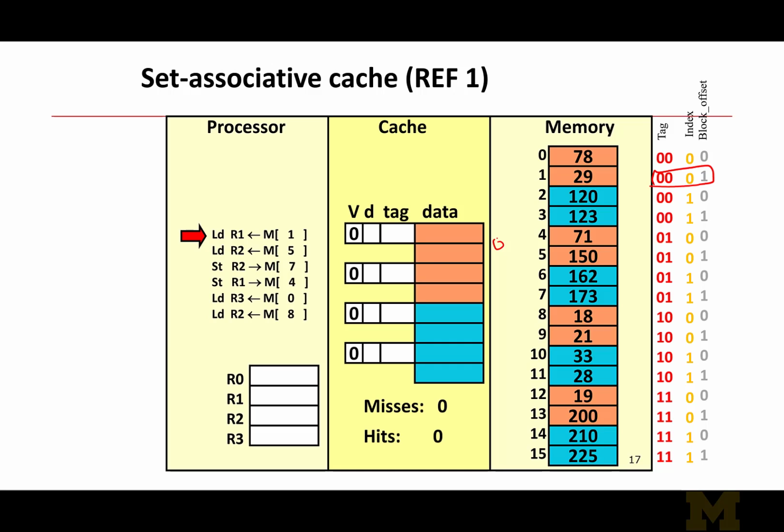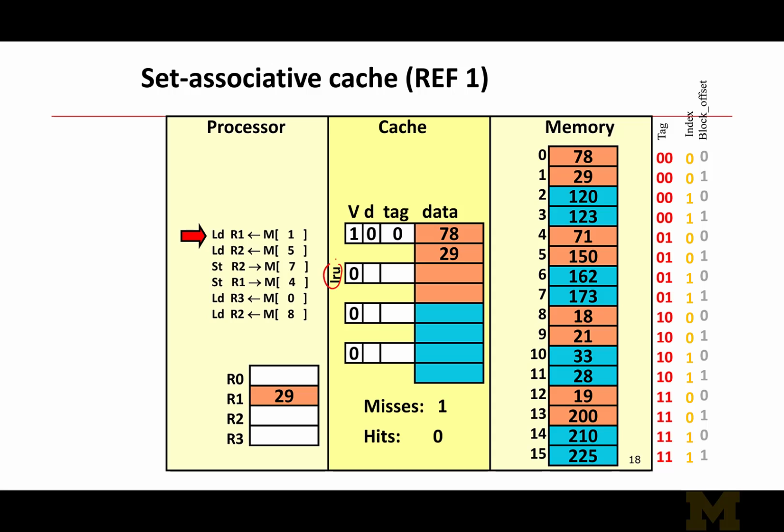And I'm going to check the tag. Well, the tag doesn't match, and the valid bit is also not set, so clearly this is a cache miss, and I have to bring in this cache block into the cache, and I would store it. That's exactly what I did.